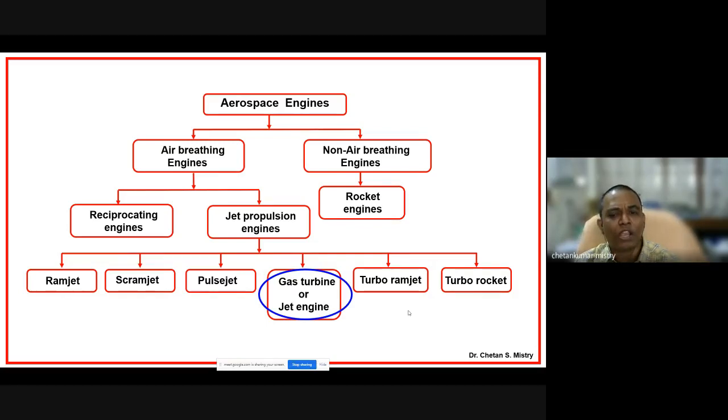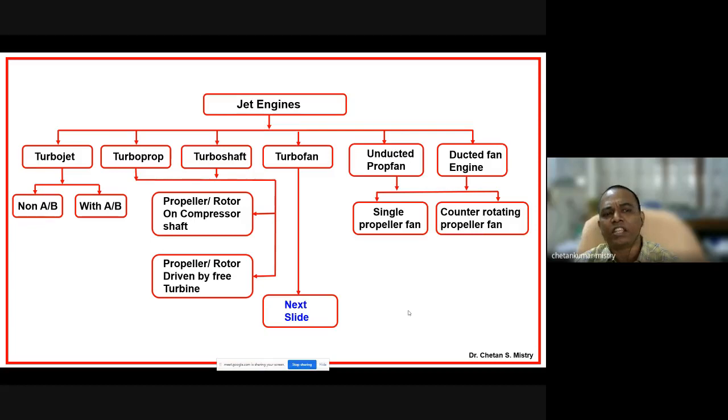This gas turbine engine has again been classified: turbojet engine, turboprop engine, turboshaft engine, turbofan engine, and most recent engines like unducted prop fan and ducted prop fan. Many of you may have a background in that, and I will try to put things so that those with a background in mechanical engineering or other streams also get some feeling and idea of it. Okay.